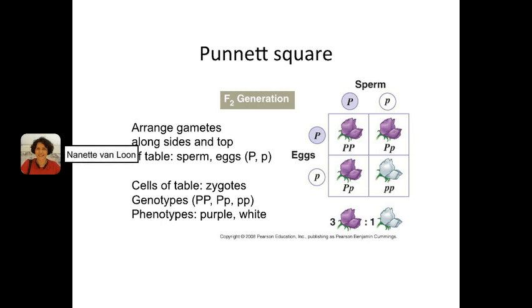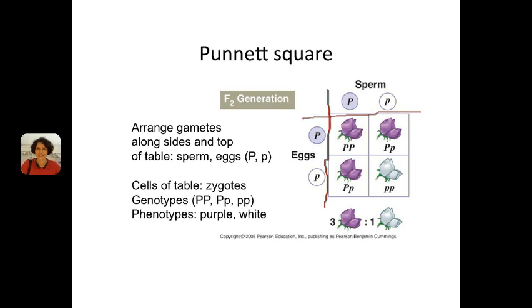The little table that we saw in the previous slide is called a Punnett square. It is named after Reginald Punnett, who devised this way of writing the crosses so that you could keep track of the alleles that were being crossed.